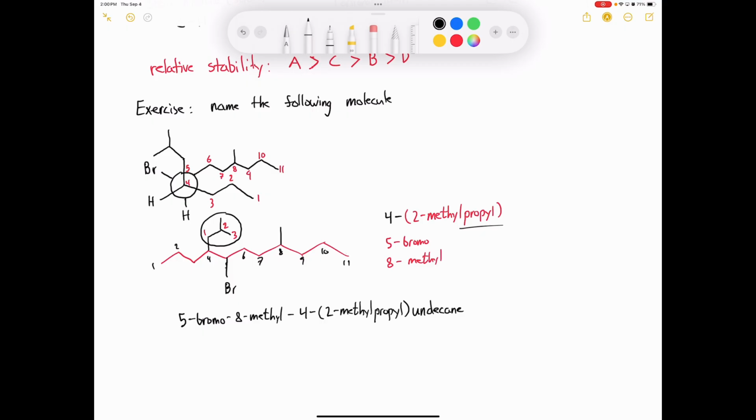Yeah, no. So we do one methyl. So at 3, you have to use parentheses, 3 dash, parentheses, 1 methyl. Or if you prefer the common name, you can use that isopropyl.